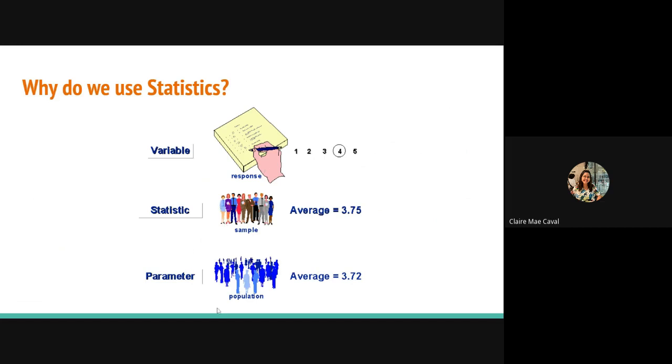So I have here an example, this is only a representation of parameter and statistic. So for example, the population here, the average is 3.72. Let us say we're going to study the number of siblings of the people living in Cebu.